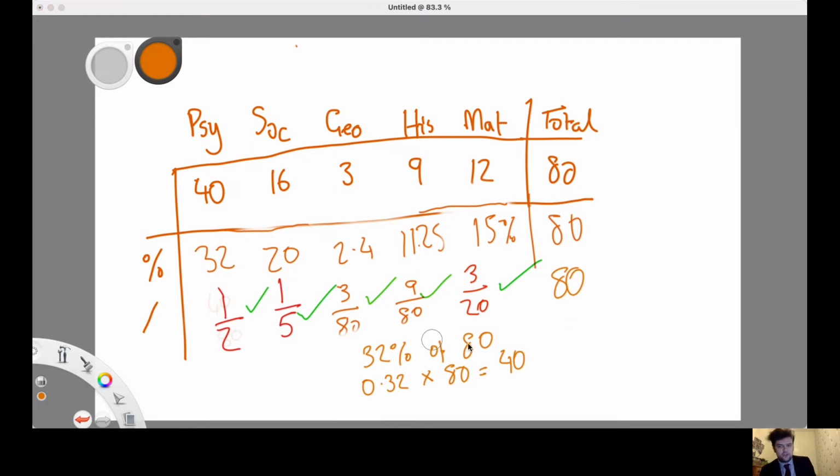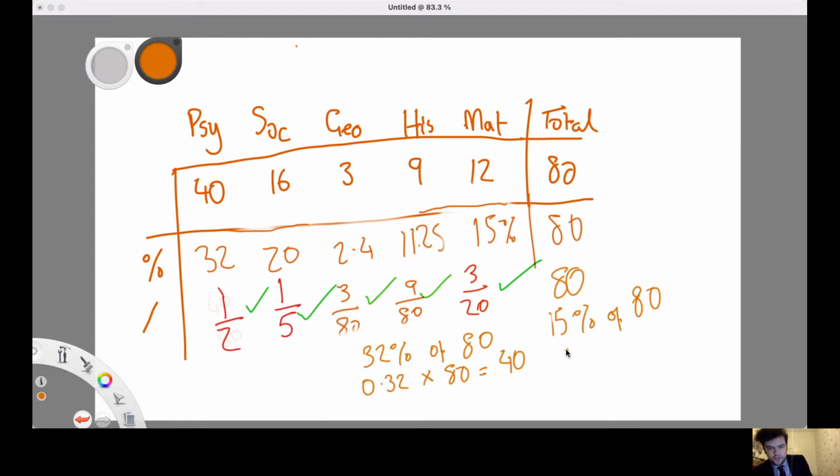So for this, you just do one more actually. So we'll say 12% of 80. We know 15% of 80, we want to get that into a fraction.